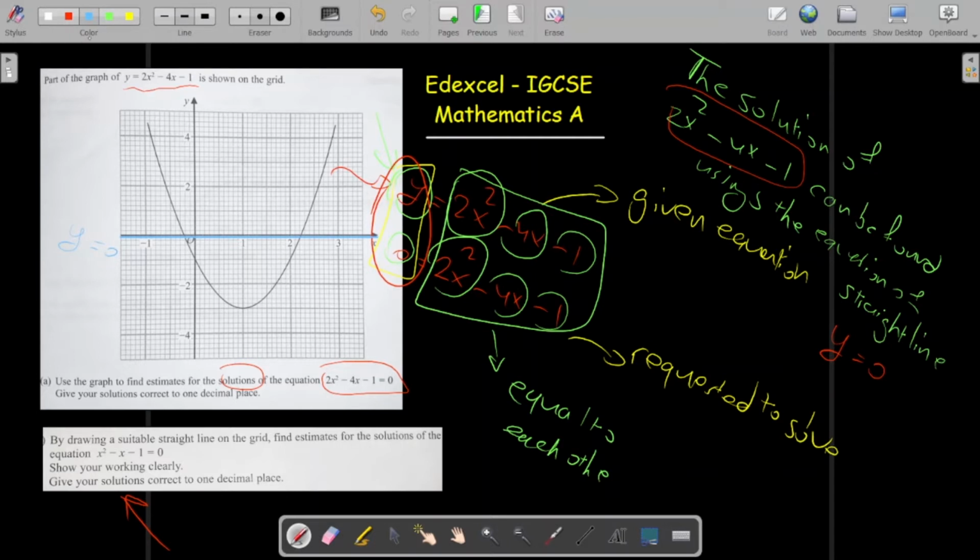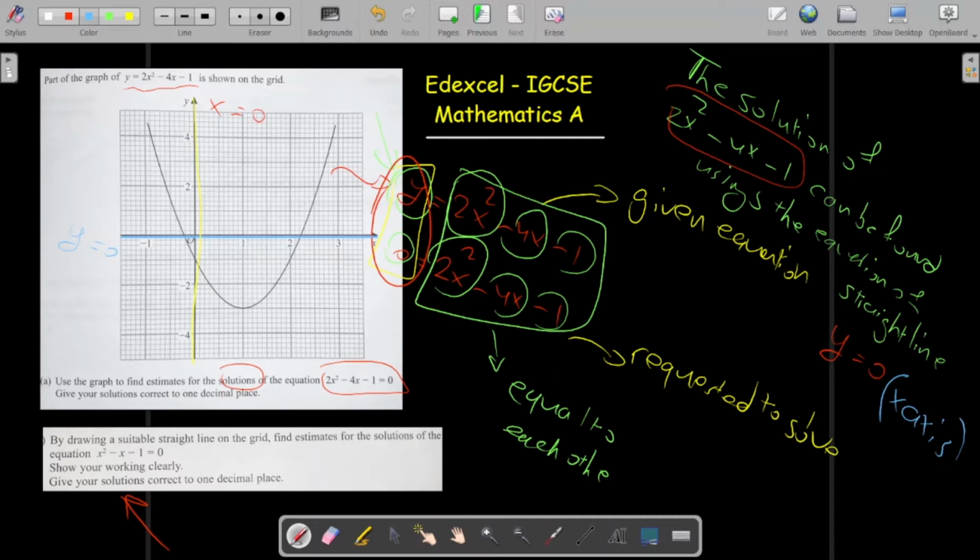The same goes for the y-axis, which can be represented by the equation x equals 0. So y equals 0 is nothing but the x-axis itself, and the x-axis is going to enable me to solve this equation.